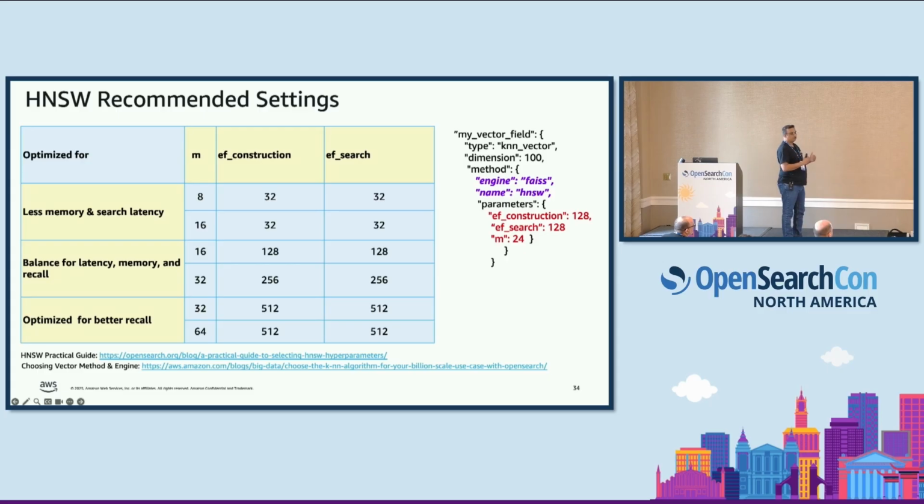And if recall is the key thing, then an M value in the 32 to 64 range, and 512, which is the highest, for EF construction and search. The example there is a good starting point, a balanced configuration. So in case you want to quickly start, these values are pretty optimized for overall balance, and then you can tune based on your SLA and performance requirements.